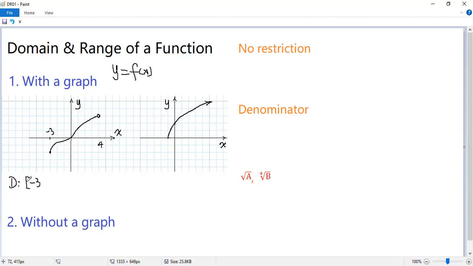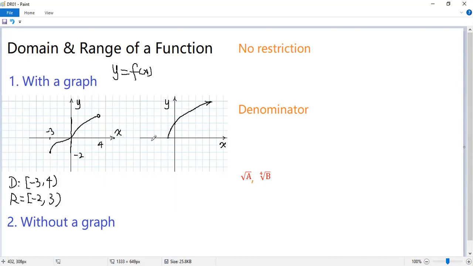We use a square bracket because -3 is inclusive, and a round bracket because 4 is not inclusive. Similarly, y starts from -2 and goes up continually to 3, not inclusive. So we know the range equals [-2, 3).